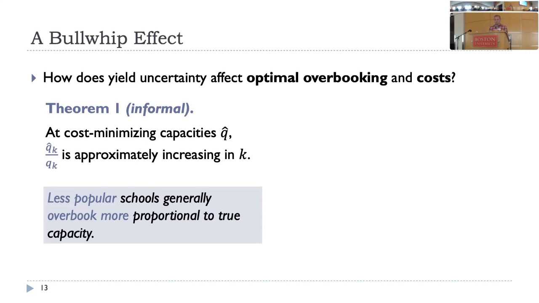This result was obtained theoretically, and this approximately increasing is not exactly strictly increasing, but from our synthetic simulations, we see that it is actually increasing most of the time when you set some true capacities at the schools.